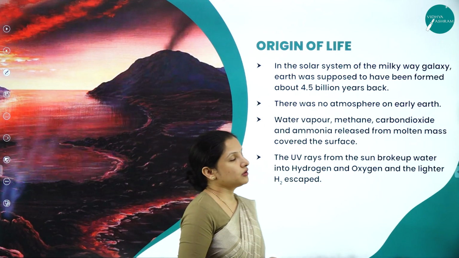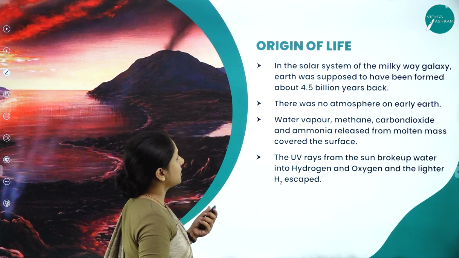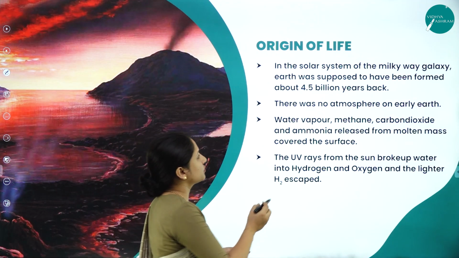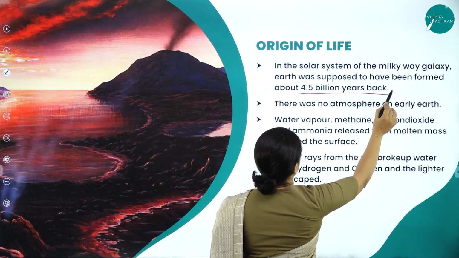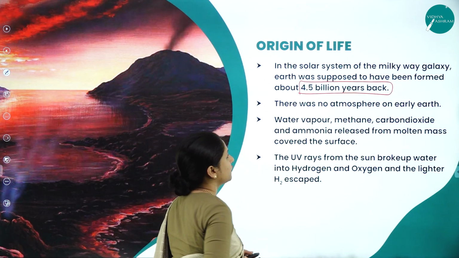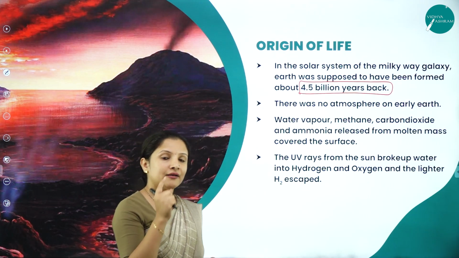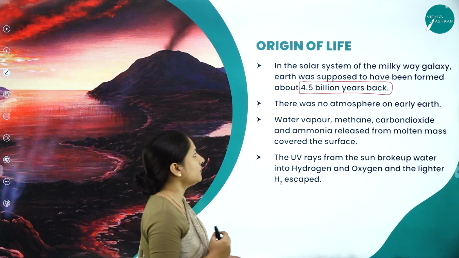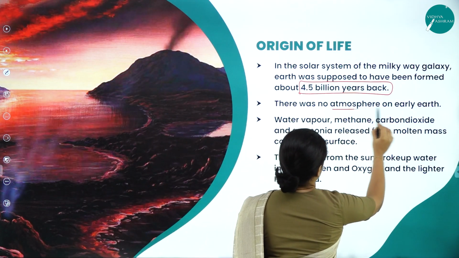Talking about the origin of life in detail, in the solar system of the Milky Way galaxy, Earth is supposed to have been formed about 4.5 billion years ago. But in that Earth, formed 4.5 billion years ago, there was no atmosphere.